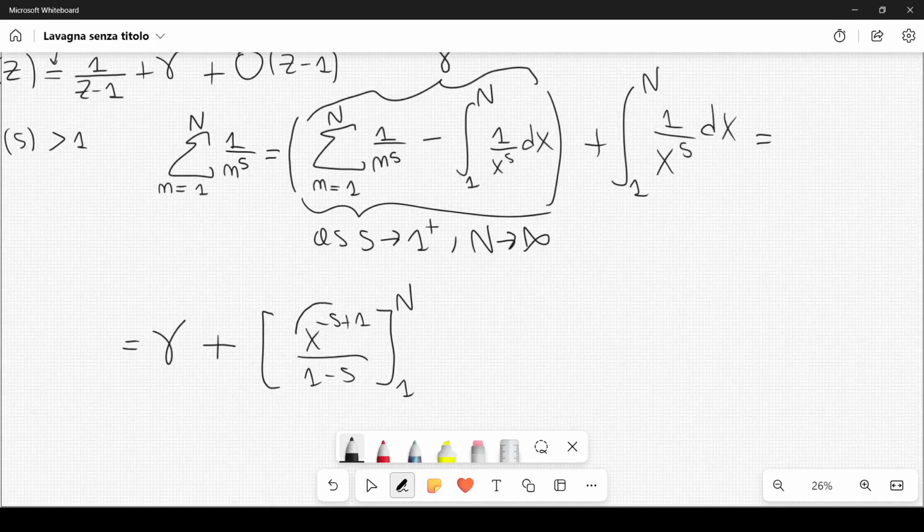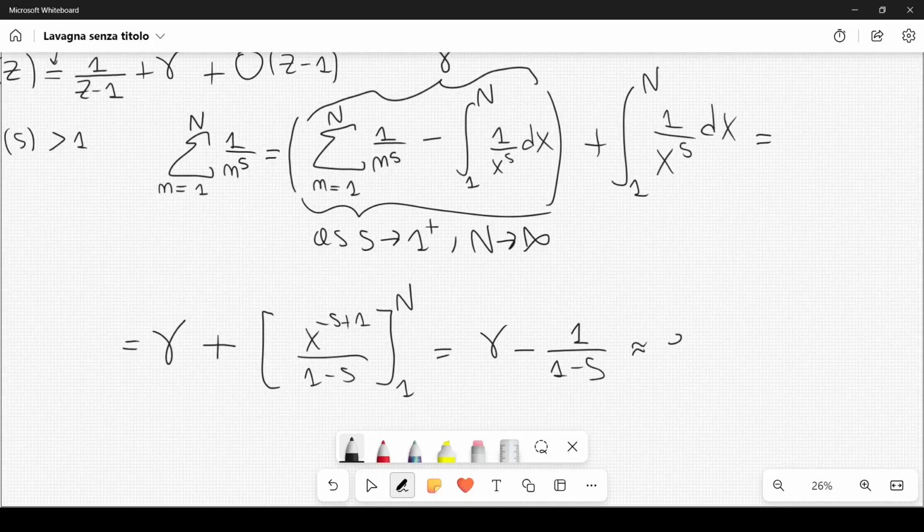So we will get something which will become very, very small. Of course, this is just intuitive because it's not mathematically rigorous, but you have to think that this is the case. And then you have to evaluate it at x equal to 1. So you have gamma minus 1 divided by 1 minus s. And this is, of course, an approximation.